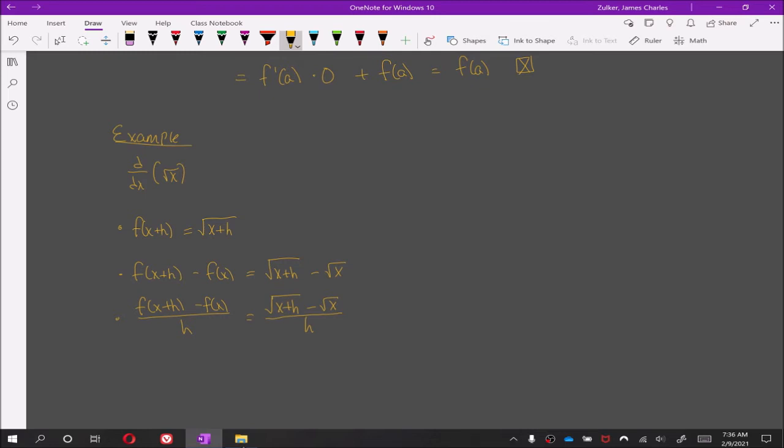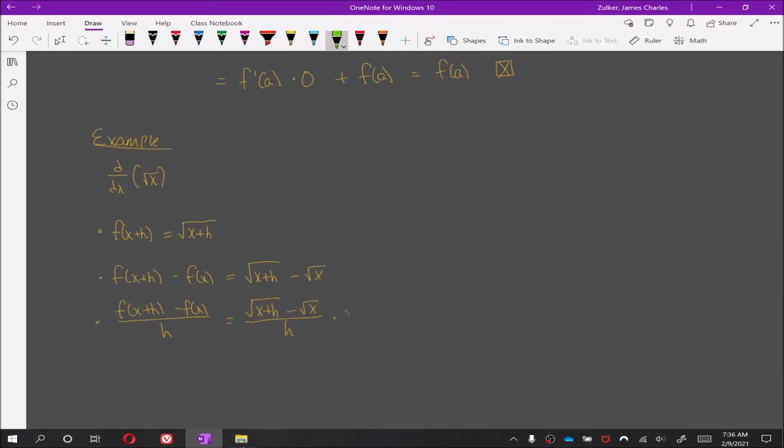Well, to do that, notice we can multiply by the conjugate. Right, what we're doing here is we're actually rationalizing this fraction. But we're doing it differently. Normally, you'd rationalize it if you have a square root in the denominator. Here we want to rationalize it with the square root in the numerator because we want to try and get rid of that h.